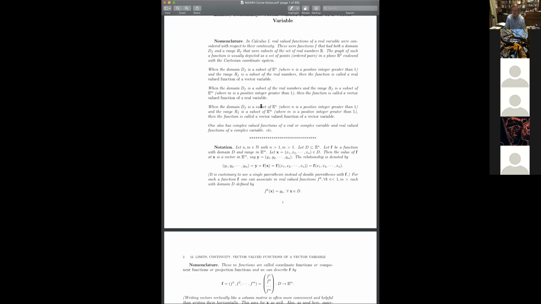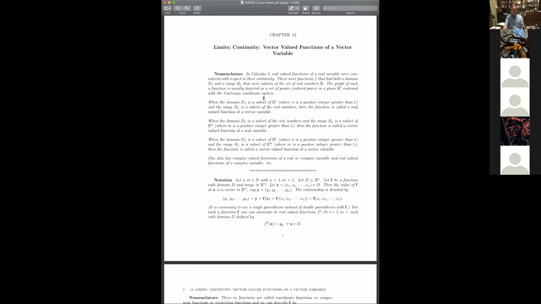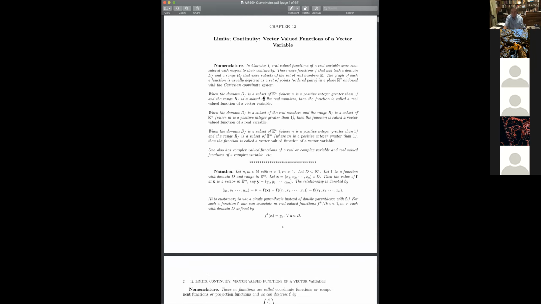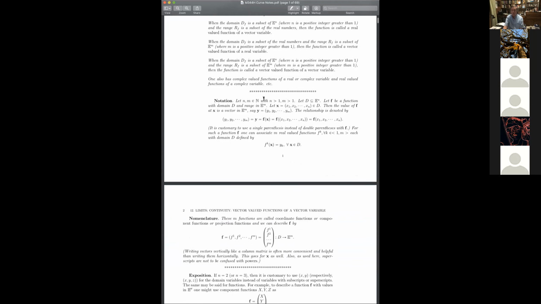There's all kinds of different things we can do. I'm trying to show you here that when you say what the domain is and what the range is, it helps people understand how we're going to picture it, or at least conceive of it. So, down here, definition, notation.